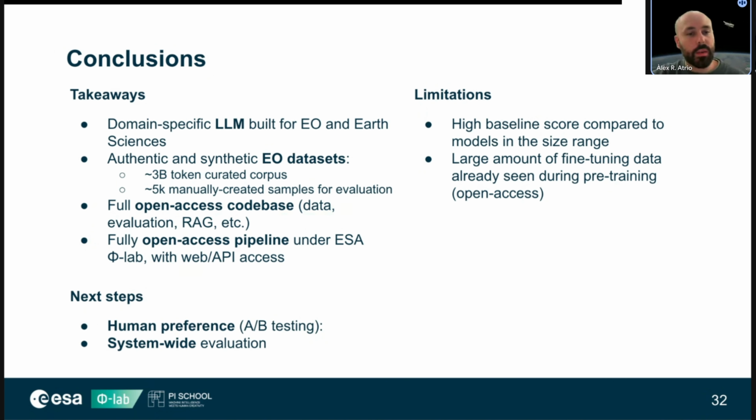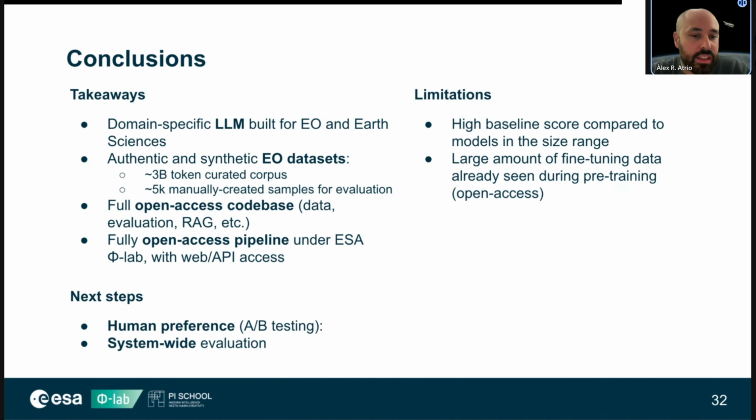So to give you a general overview, the main takeaway is that what we are presenting is a suite. First, we're presenting the domain-specific LLM, which, as Antonio said, is particularly good at Earth observation and Earth sciences, but doesn't have any kind of dramatic loss in general capabilities performance.